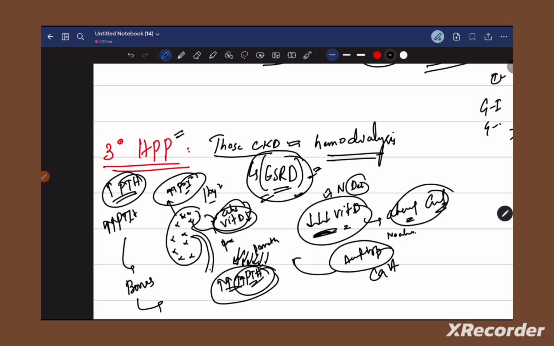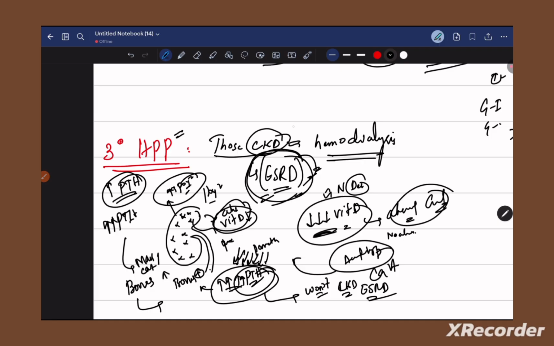Okay, when there is increased secretion of PTH, this PTH won't work on kidney. Why? Because it's a CKD, kidney is in ESRD, patient is in end stage renal disease, so it will work only on bones. So it will stimulate bones so much that bones will cause a massive reabsorption of calcium from the bones into blood. So in a nutshell, in tertiary hyperparathyroidism, the patient will be a CKD or ESRD patient.